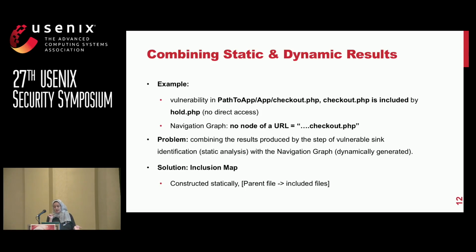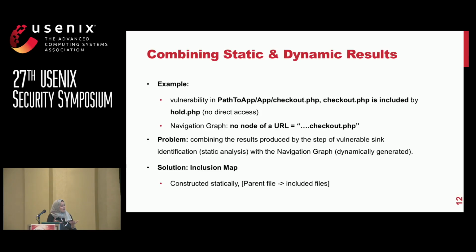NAVEX reports the locations of the vulnerable sinks, but using this information to search a navigation graph is not sufficient because of file inclusion in web applications. So, for example, if there is a vulnerability reported in checkout.php, and that file is included by another file, then searching the navigation graph for a node that has a URL that matches checkout.php will fail.